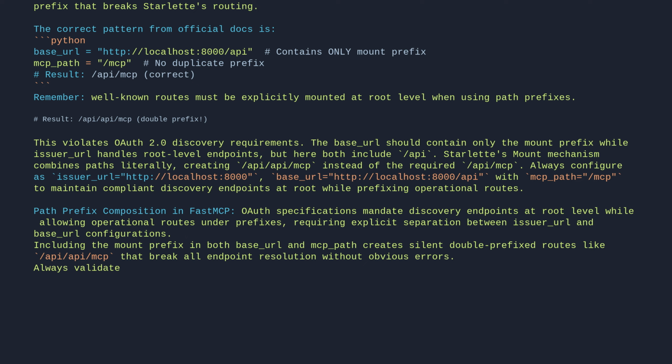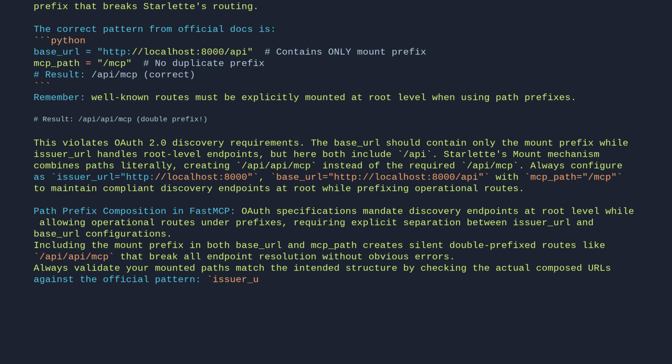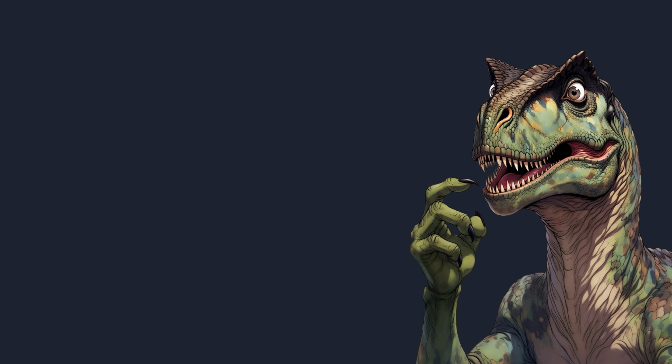Always validate your mounted paths match the intended structure by checking the actual composed URLs against the official pattern. Issuer URL equals root URL and base URL equals root URL plus mount prefix. The route that serves two masters becomes invisible to both.